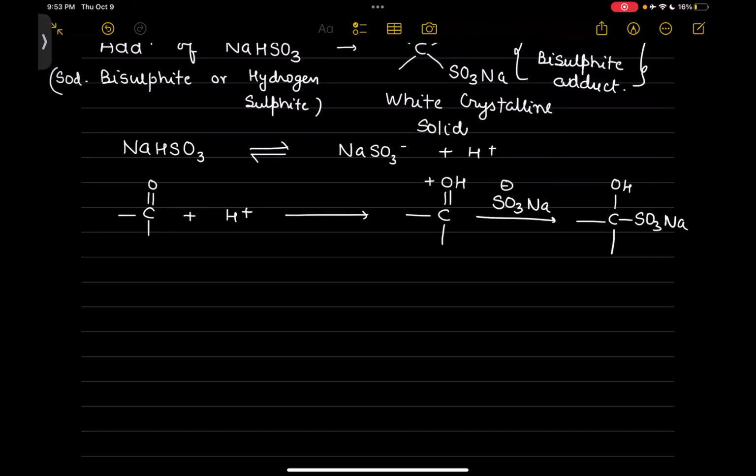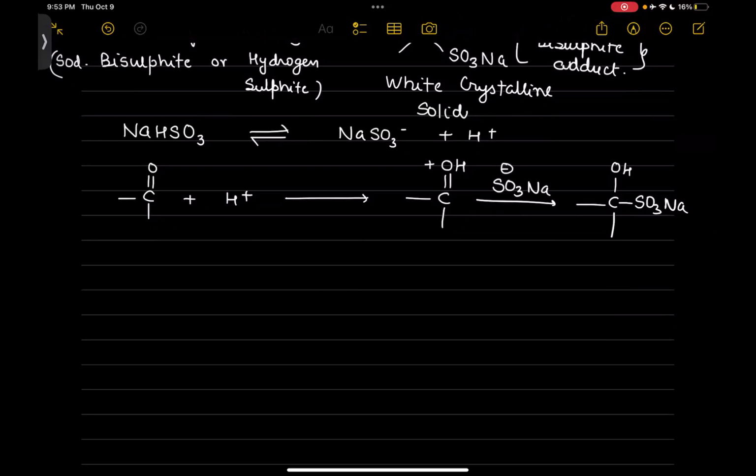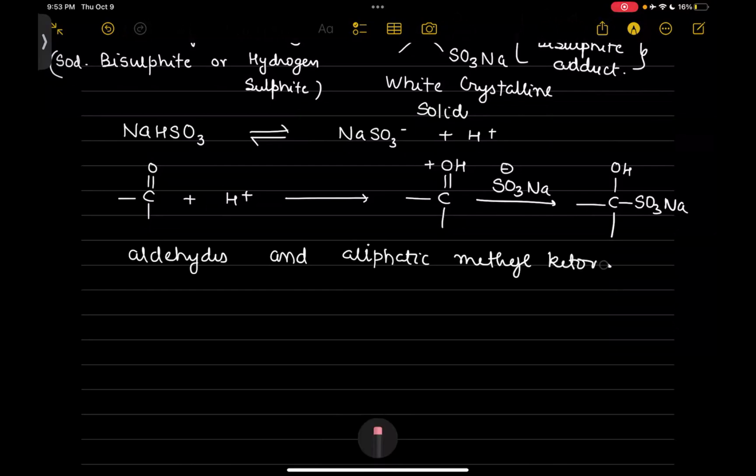Aldehydes can react easily, and ketones are less reactive. Aldehydes give this reaction. Got it?